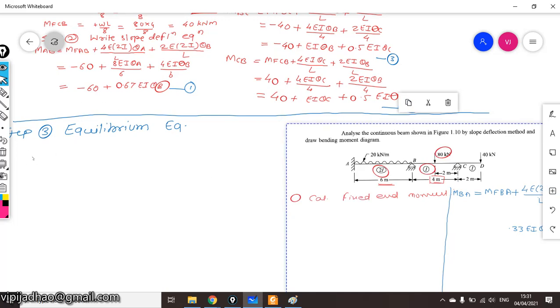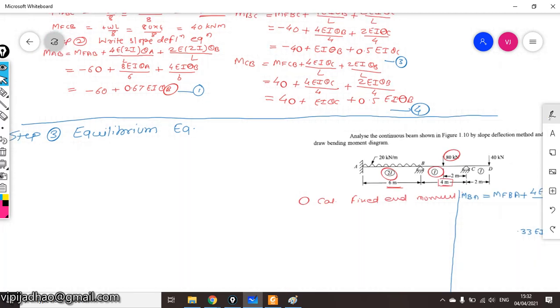Therefore we will have two equilibrium equations: summation of moment at this continuous support B equal to 0, and summation of moment at this end support, or overhanging support, C equal to 0.